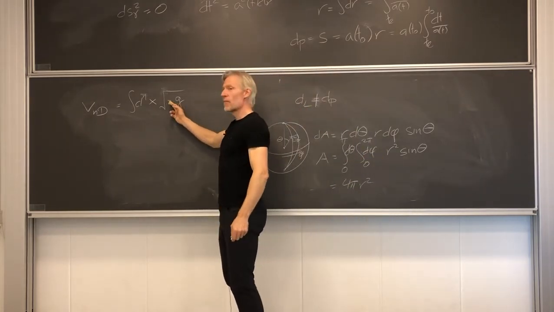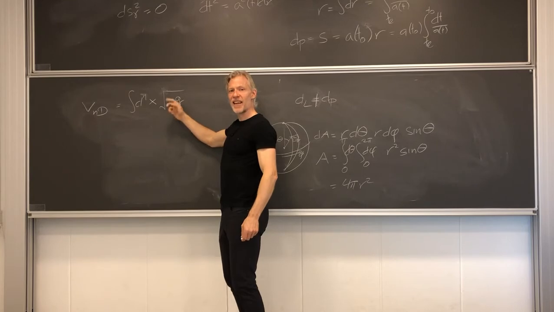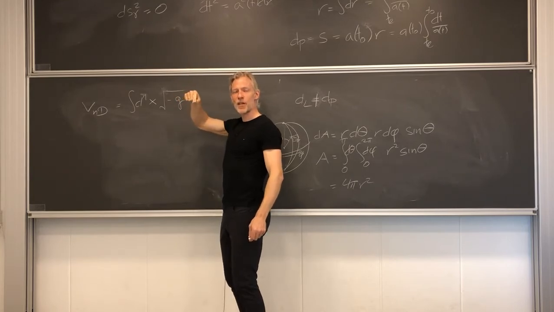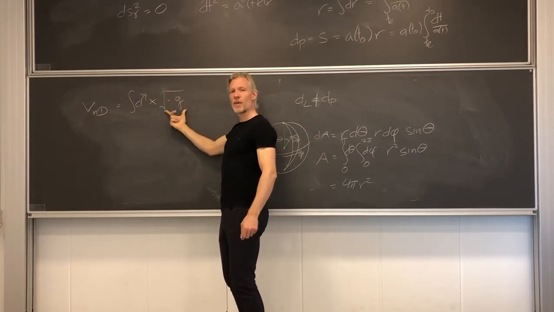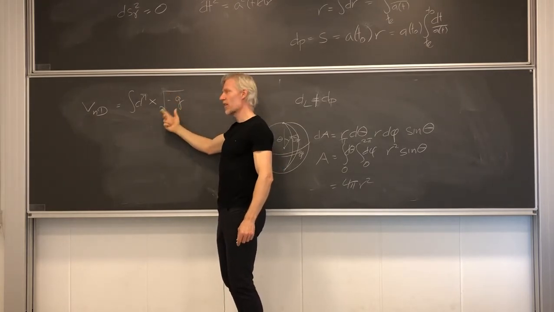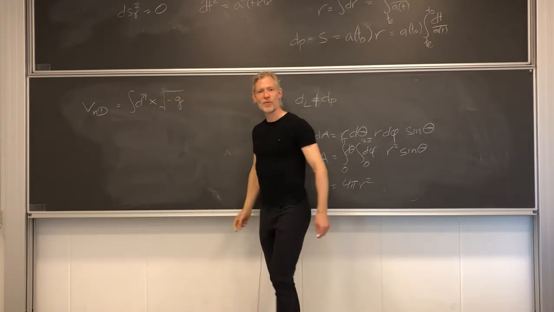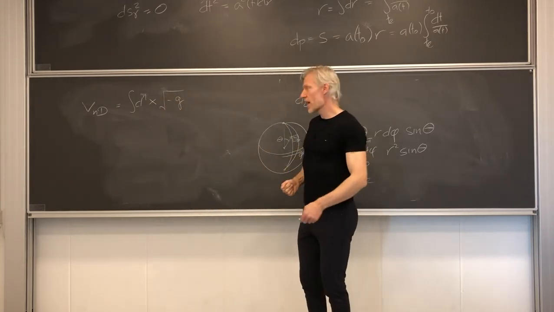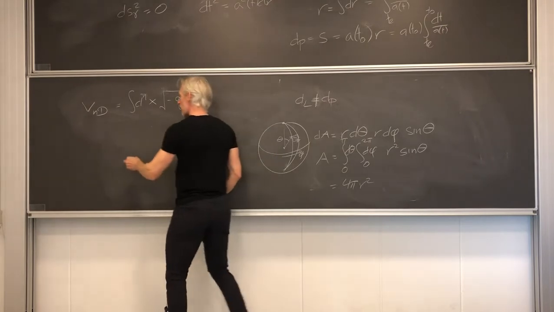And I have the minus. Remember that I always have a minus sign on the time component and plus signs on all others. And that means this altogether becomes a positive quantity in here, which is good because I have to take a square root.